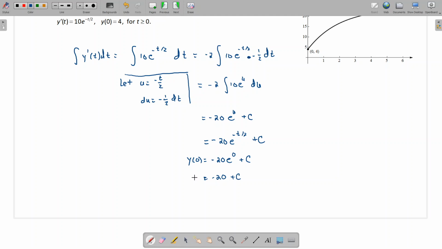And we know y of 0 is 4. Right? We're given y of 0 is 4. Add the 20 over, you get 24 is your constant c. So then we can write out the particular solution for the initial value problem, which would be negative 20 e to the negative t over 2 plus 24.